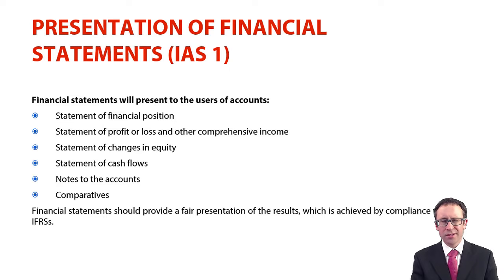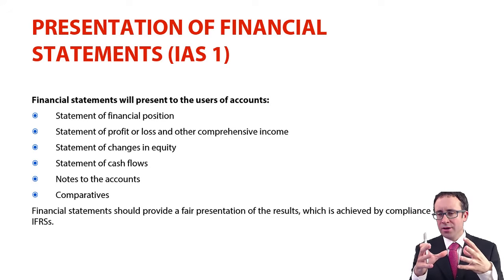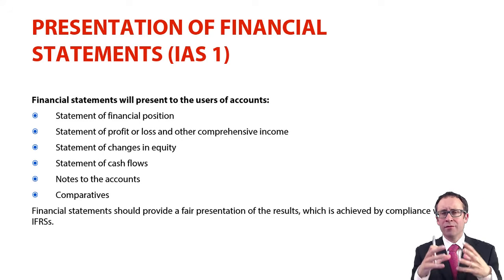You're going to have to prepare extracts from each of them and put in some discussion elements as well. So I thought about taking it out, but then I thought, no, you've got to get the overall big picture. We've taken the framework, which is the overall big picture and the fundamentals of how everything is pieced together. And then the next bit really is IAS 1, your presentation of financial statements.